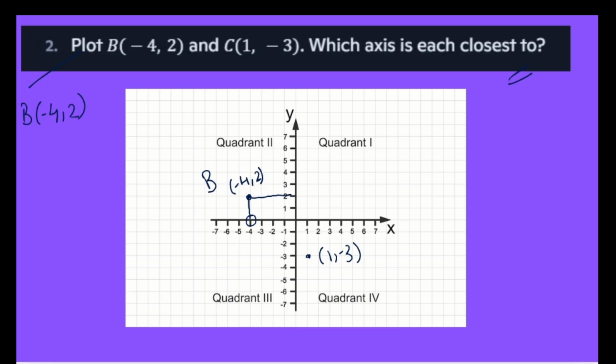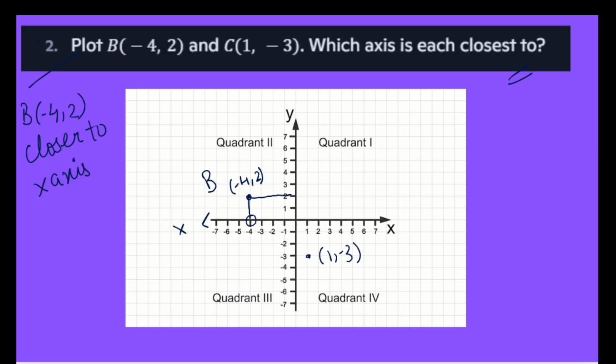So it is 4 units away from the y-axis and 2 units away from the x-axis. So 4 units from the y-axis, 2 units from the x-axis. Basically it is closest to the x-axis.